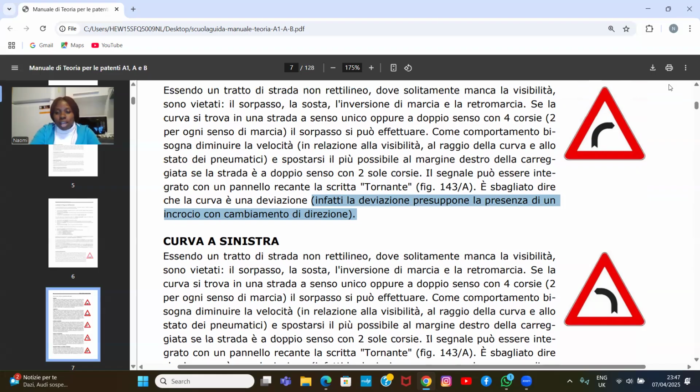I also want to add that for those of you that have already started attempting your quiz questions, make sure your quiz is strictly by argumento. What do I mean by that? Argumento quiz is when you are taking your quiz topic by topic. So you have your quiz questions on Segnali di Pericolo.